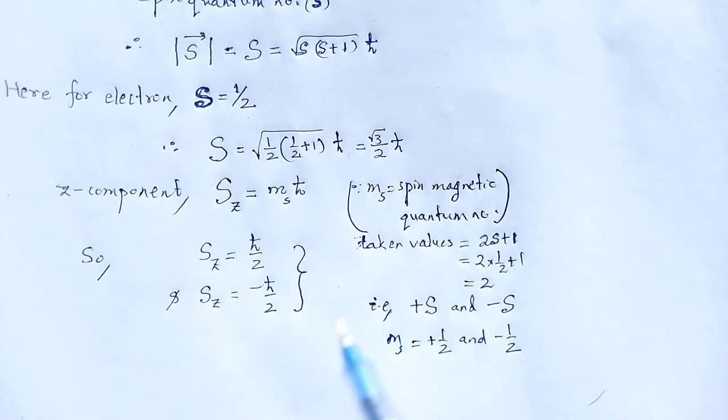It has been concluded from the experimental data that the gyromagnetic ratio for electron spin, mu s divided by s, is twice the gyromagnetic ratio for electron orbital motion, mu l by l.